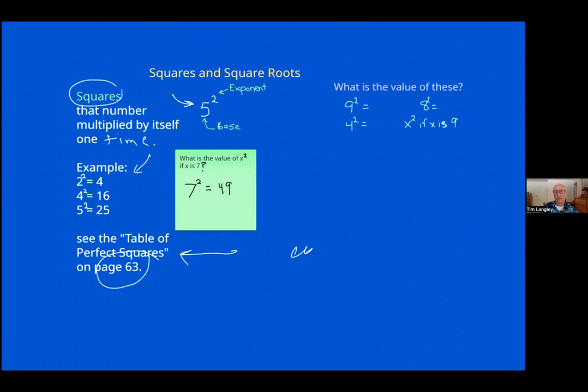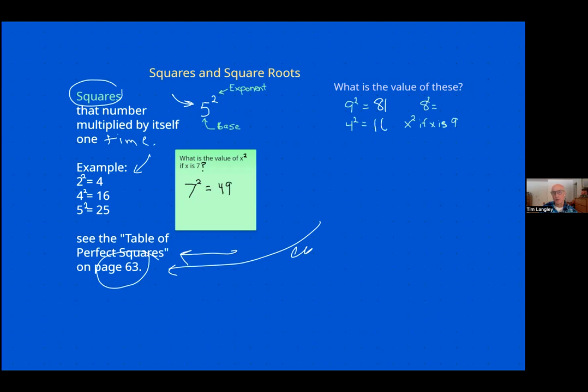All right. Now, what is the value of these? I'm over here in the top right of my screen. 9 squared. If you know your times tables, you remember that 9 times 9 is 81. So that would be the value of 9 squared. Okay. And again, you can look at this table on page 63, look at 9 squared and it'll tell you that it's 81. 4 squared is 16. 8 squared is 64.